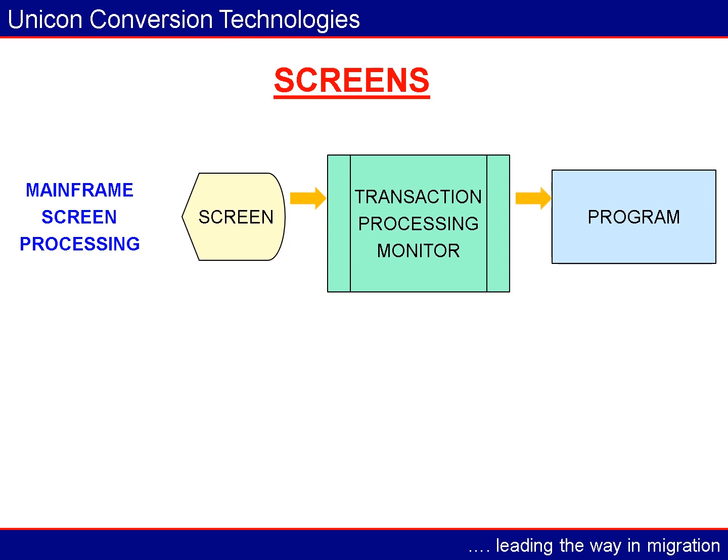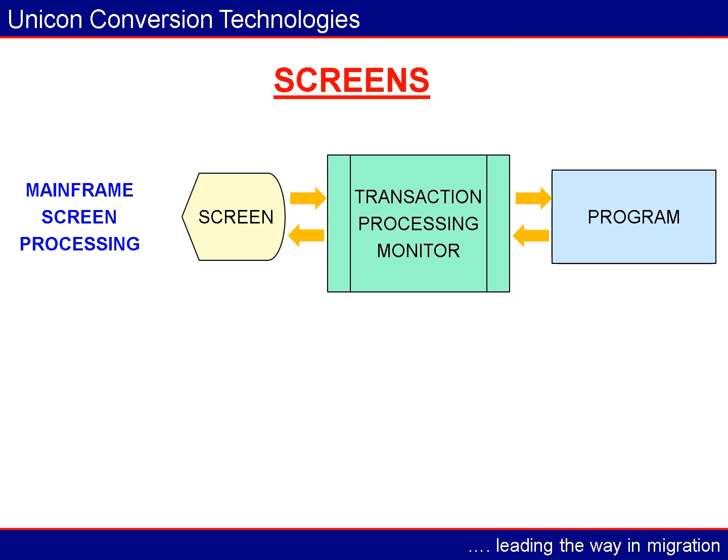The program performs the business logic to service the input message, packages the appropriate output message, and passes it to the TP monitor. The TP monitor packages the message and sends it to be displayed on the terminal.